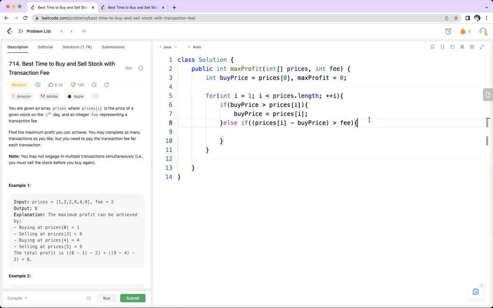So if we sell, the value of max profit is max profit plus prices of i minus buy price minus fee, like this.